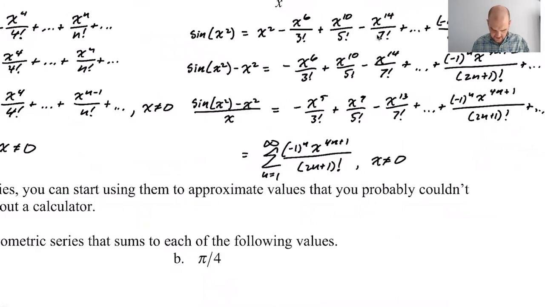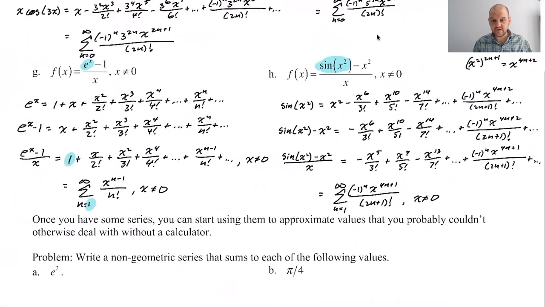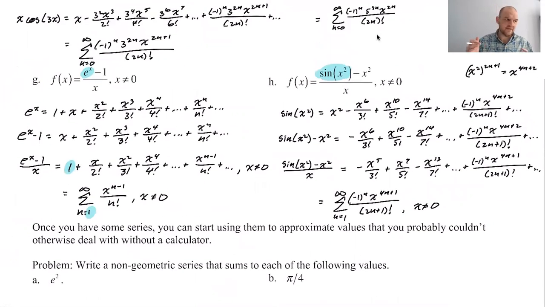So I think that's our answer. You can use a calculator to confirm: use the built-in Taylor series, have it generate it, put in your summation, and see if it matches up term for term. Alternatively, graph the function and graph 10 or 15 terms of your series to see if it matches up.